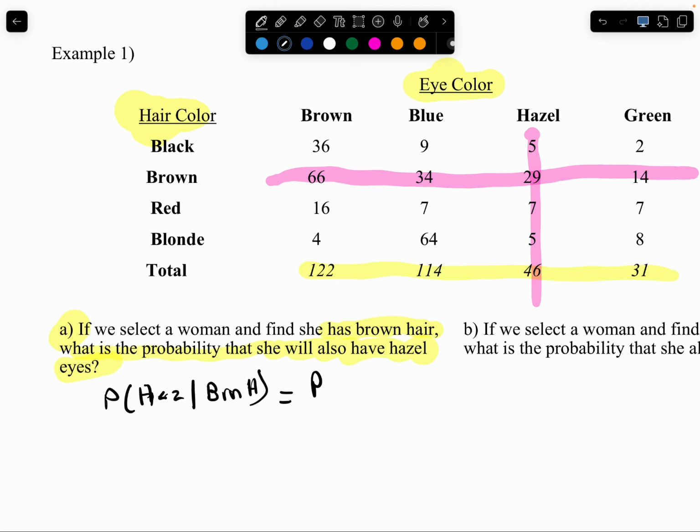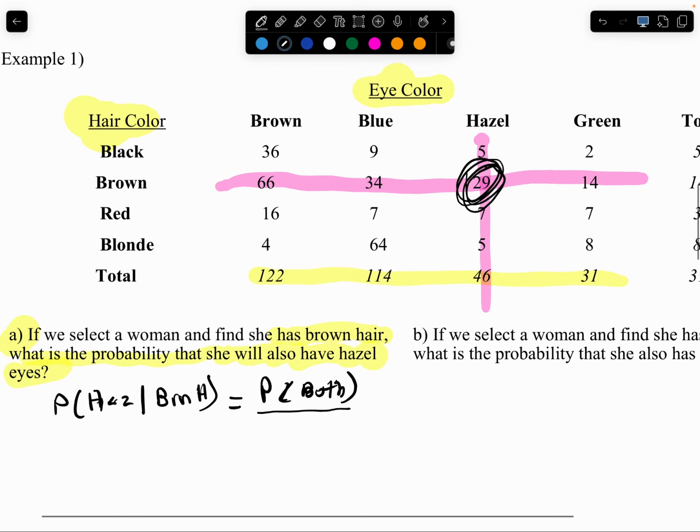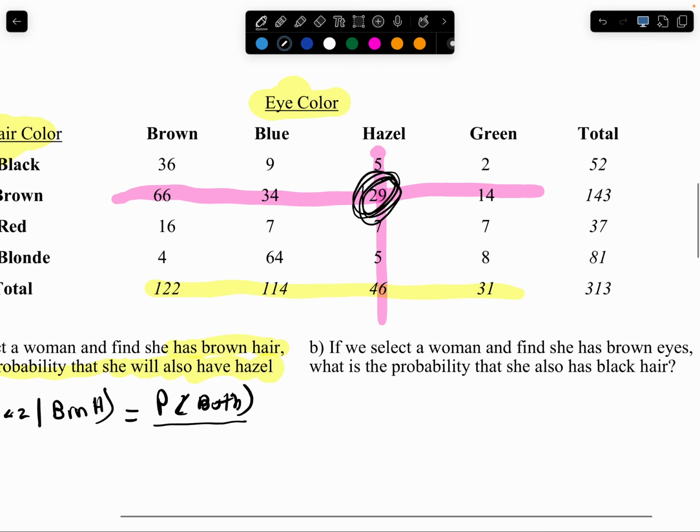That is equal to the probability of both of those things, which is here, because it's the intersection of both of them, over just the brown hair people. So what's the brown hair total? 143.